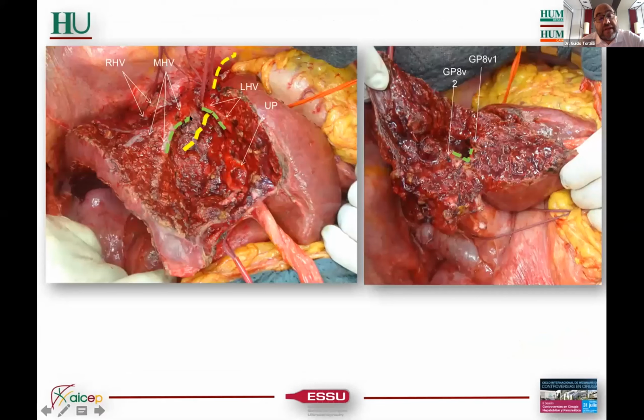We removed a lesion here in the axilla, another lesion here in the axilla, in contact with the Glissonian pedicle of 8 ventral, 1 and 2. And this was done to keep all this part of the liver, which was drained by the middle hepatic vein. And this is the schema of the operation.